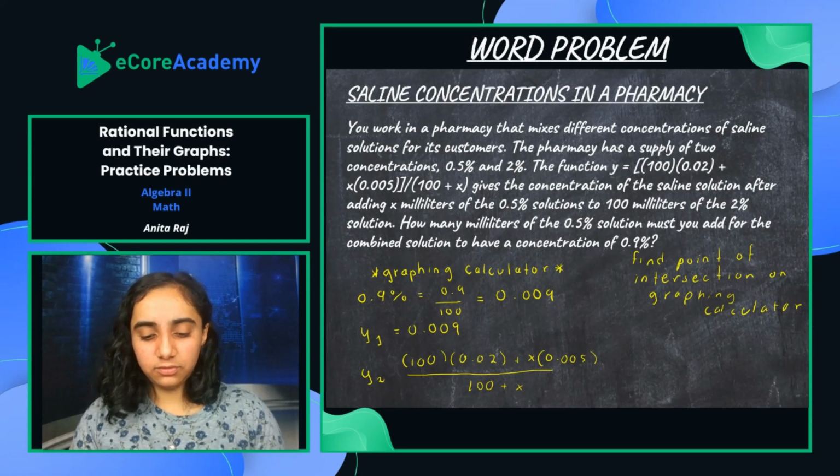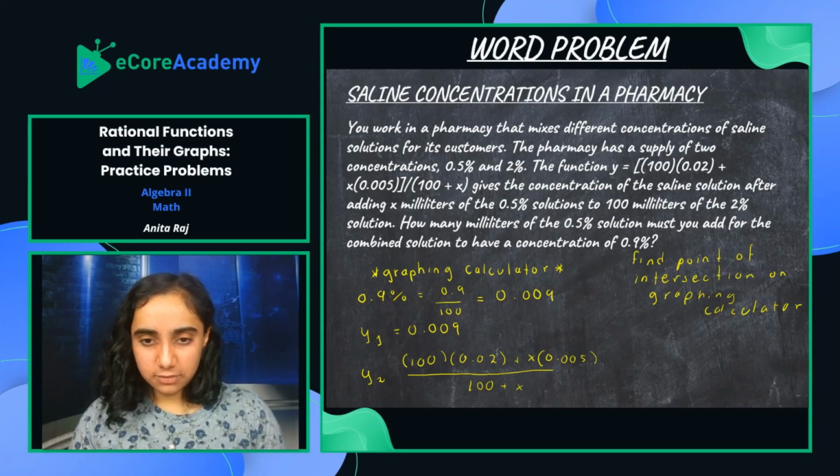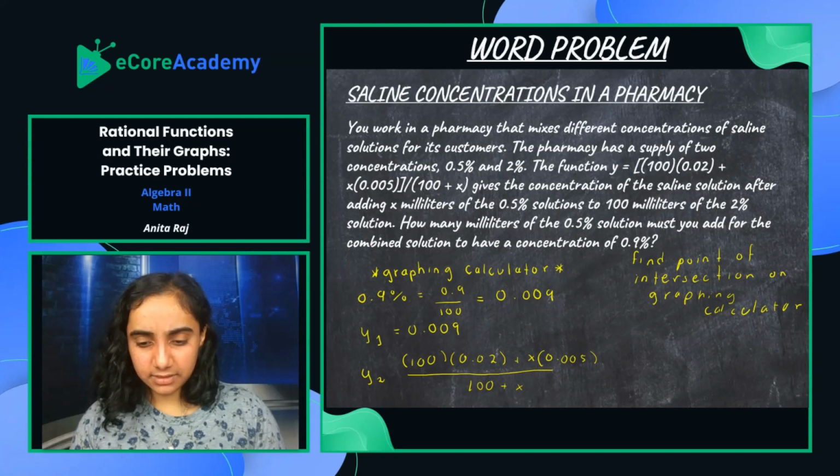I'm going to go to my y equals, plug in 0.009 in y1, and then in y2, I'm going to plug in 100 times 0.02 plus x times 0.005, and then I'm just going to divide that by 100 plus x. And then all you're going to do is hit graph.